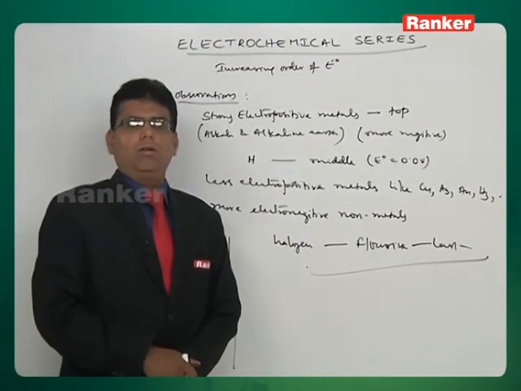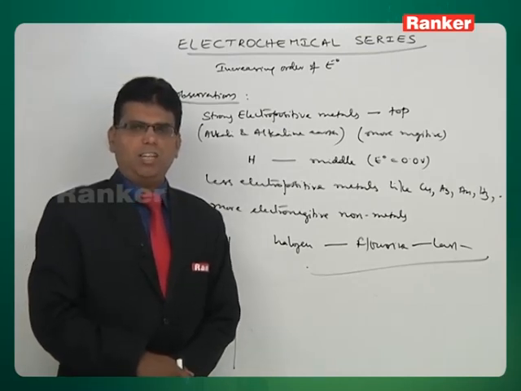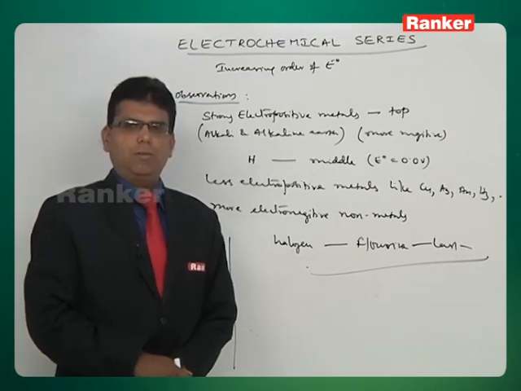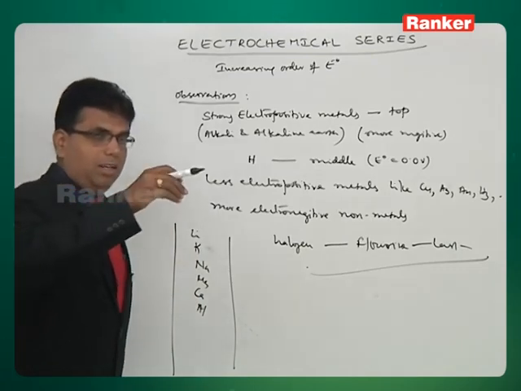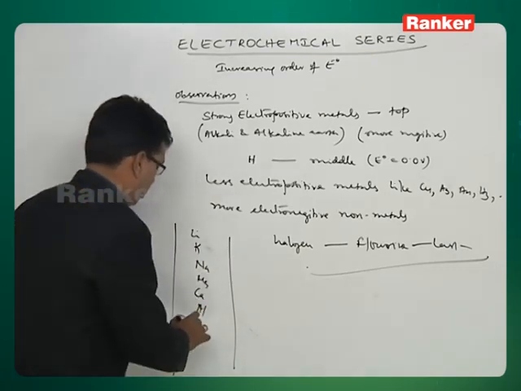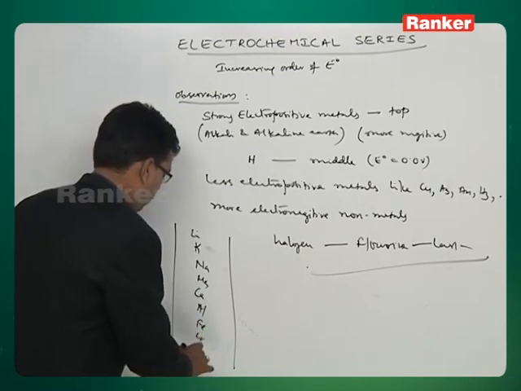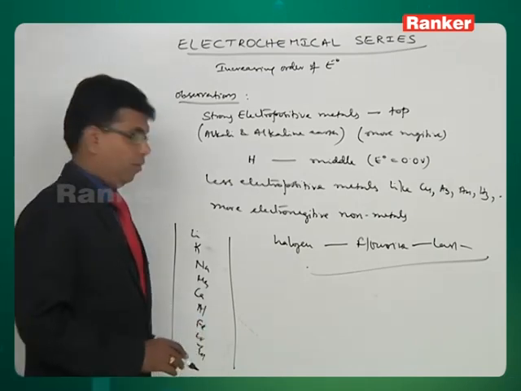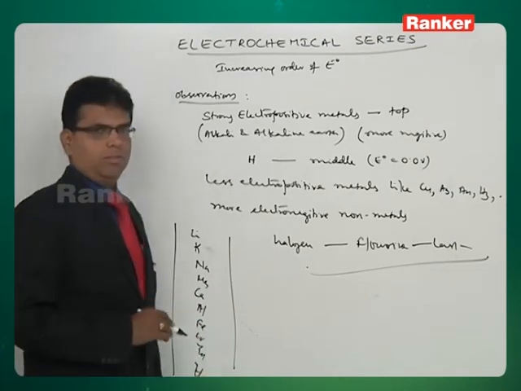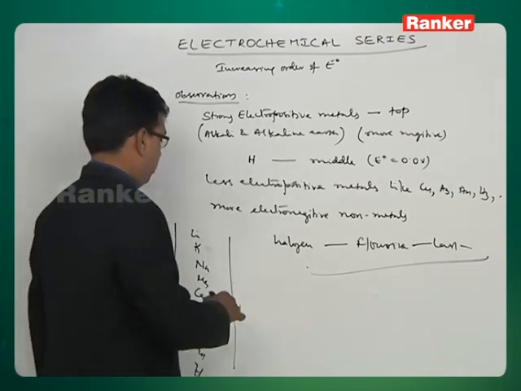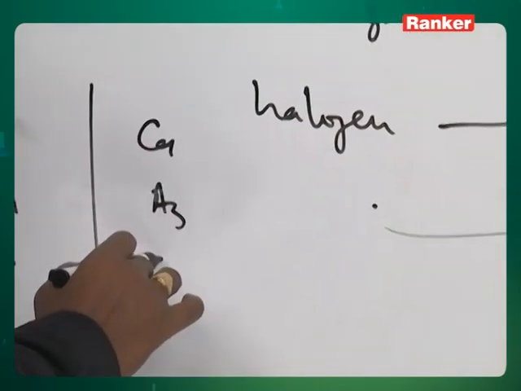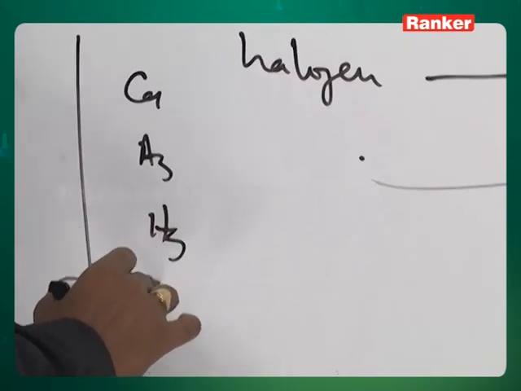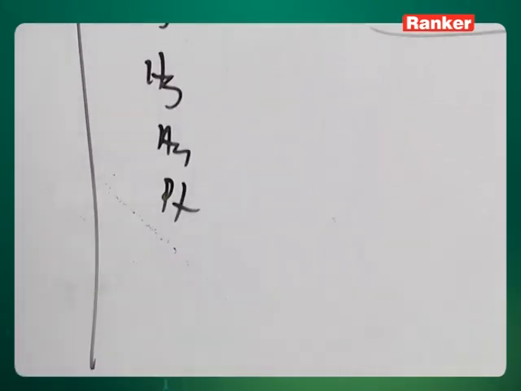So, highly electropositive alkali metals, followed by a few alkaline earth metals, followed by a third group metal like aluminum, followed by more electropositive metals in the d block, that is iron, chromium, zinc, followed by hydrogen, that is in the middle, then next followed by copper, silver, mercury, gold, platinum.